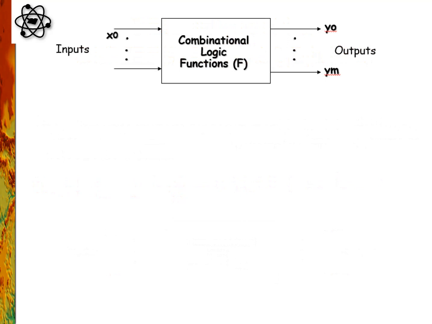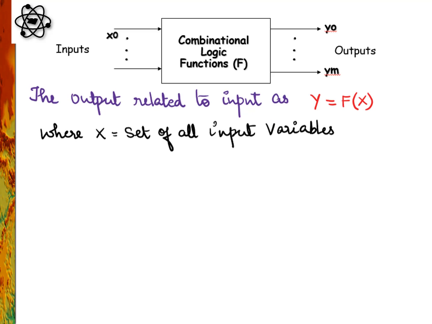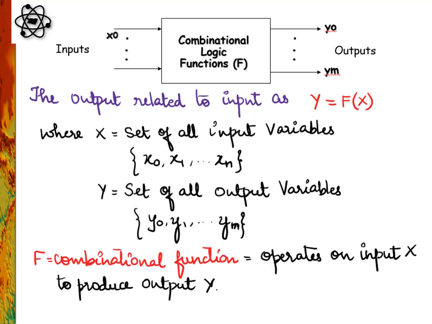So let us consider the relationship between the output and the input, which is given by y equal to f of x, where x is the set of all input variables ranging from x0, x1 till xn, and y is the set of all output variables ranging from y0, y1 till ym. The combinational function f operates on the input variable set x in order to produce the output variable set y.